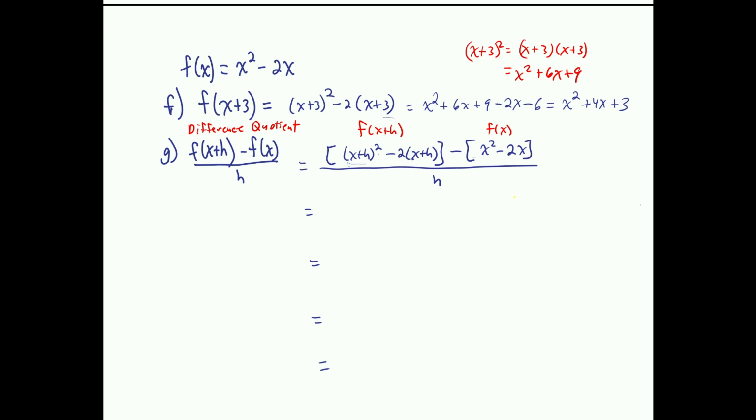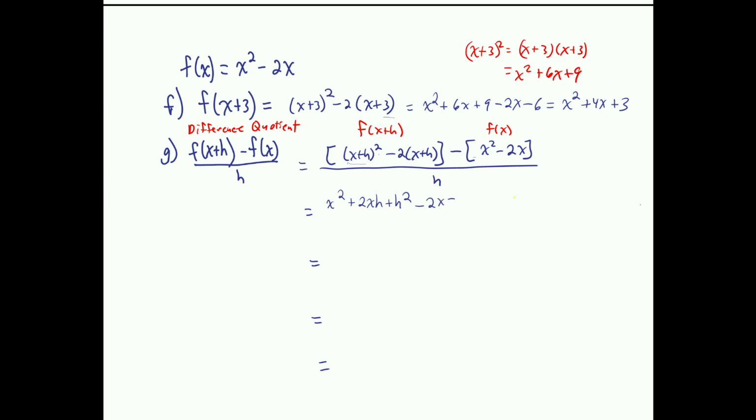Now, multiplying everything out, x plus h squared, we're going to do it just like we did the x plus 3 squared or the a plus b squared that we had earlier. So we will do x squared, x times h, 2 of those, we'll get 2xh, and then we'll have plus h squared. So think about x plus h times x plus h is going to give us that.